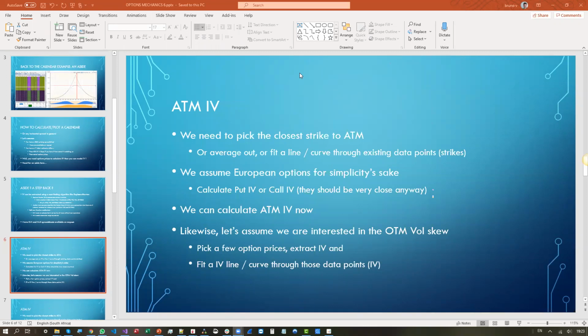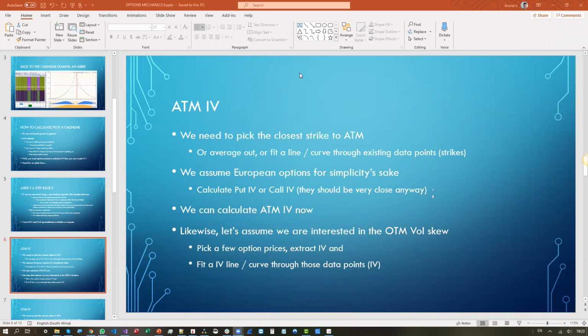The first thing to do is, of course, to pick a strike as close as possible to ATM, and if you don't have one, you just average out from the closest below and closest above, and then you figure out what ATM IV is. There are several possibilities. You can take more points and do a polynomial regression. All of those work, but ATM IV is a very important piece of information.